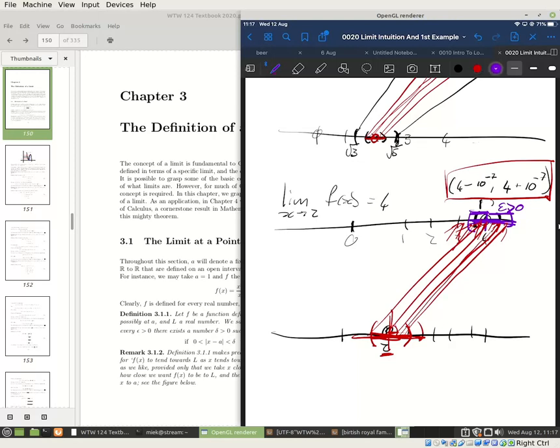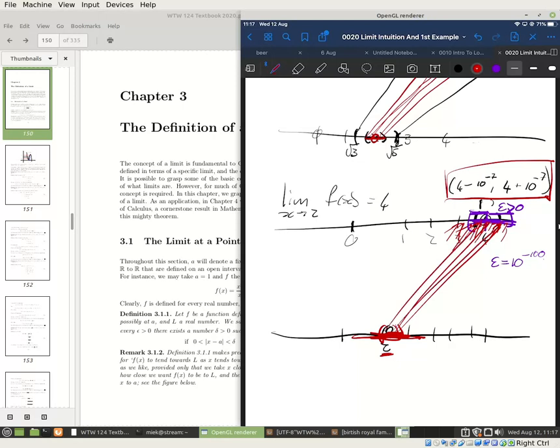So we should be able to find an interval for 10 to the minus 100. So if epsilon is 10 to the minus 100, we should be able to construct a delta, a very small delta, around 2 here, which maps into the interval over there.